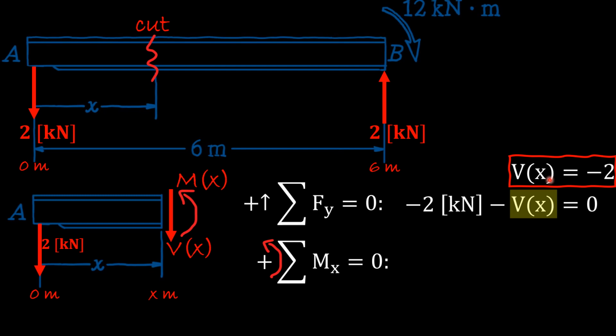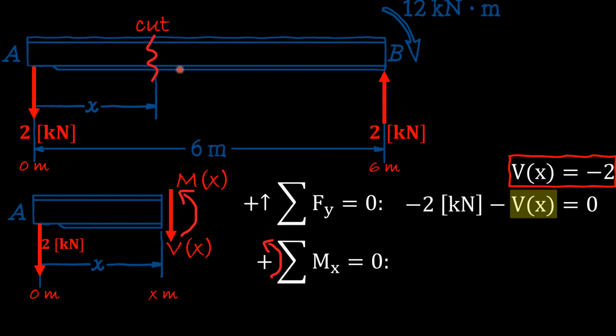Now, instead of taking this step, you can just integrate your shear function. If we integrate -2, it will give us -2x. But let's move on and do the summing of the moment at x.